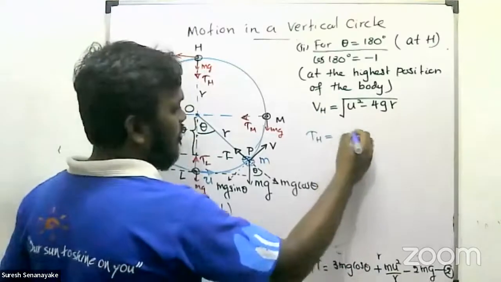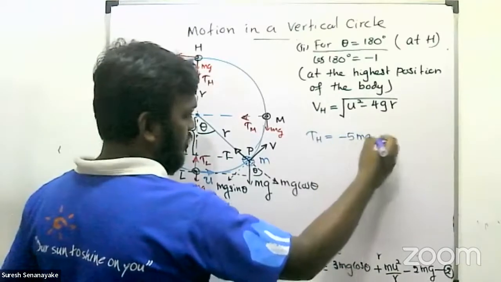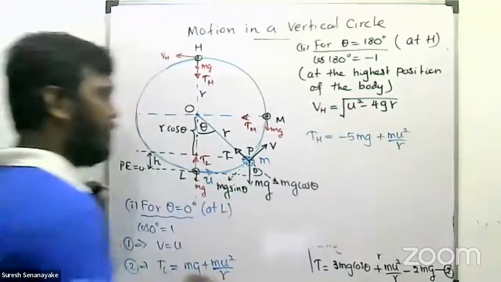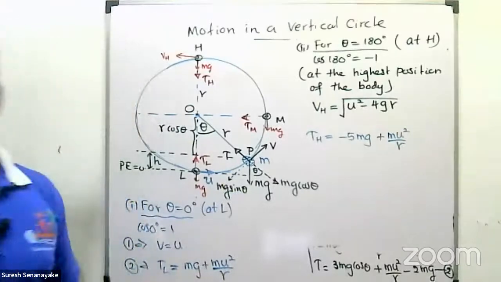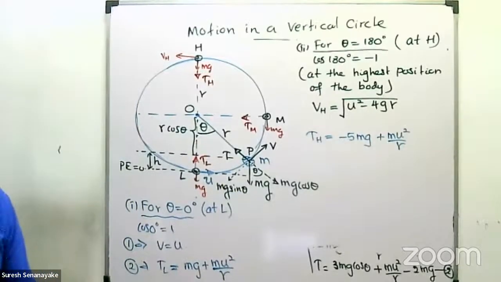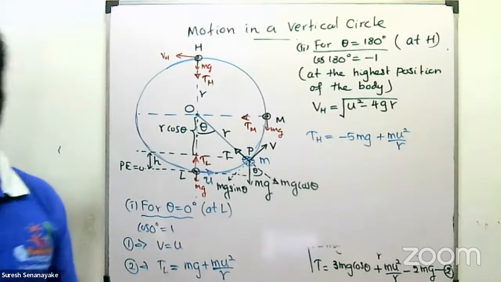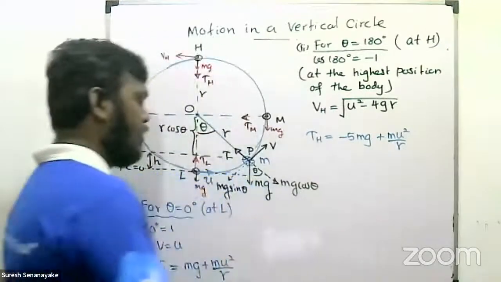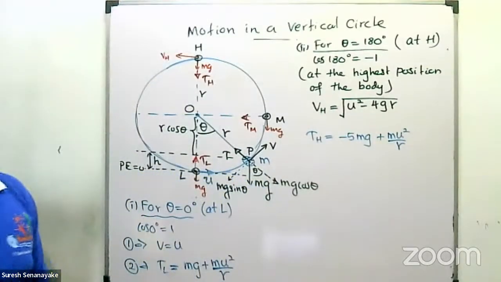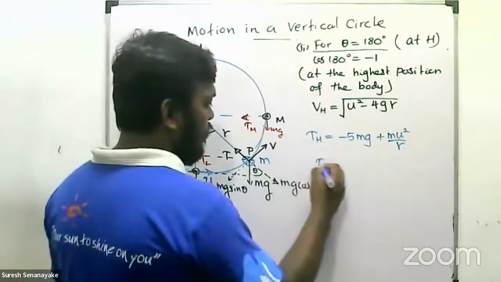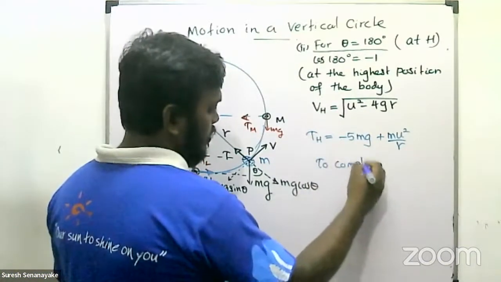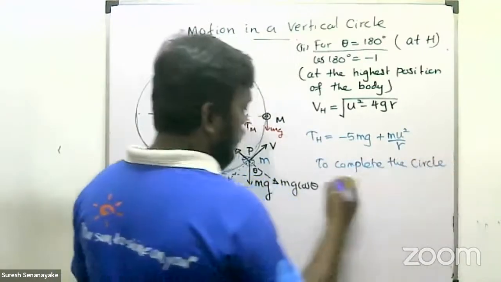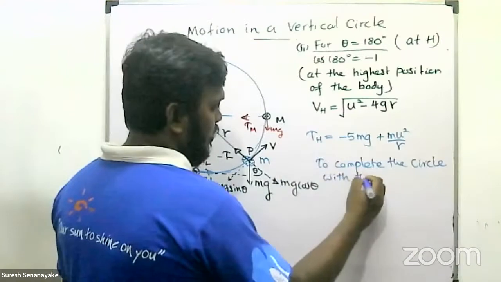That is minus 5 mg plus m u squared over R. So then I can make a condition to complete the circle without the string slack.